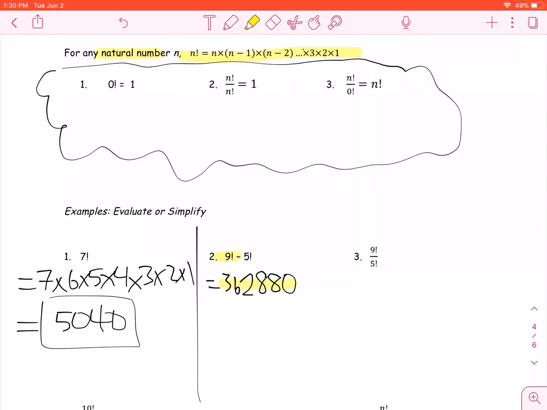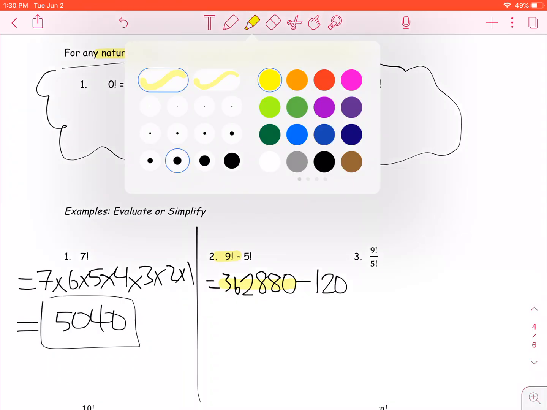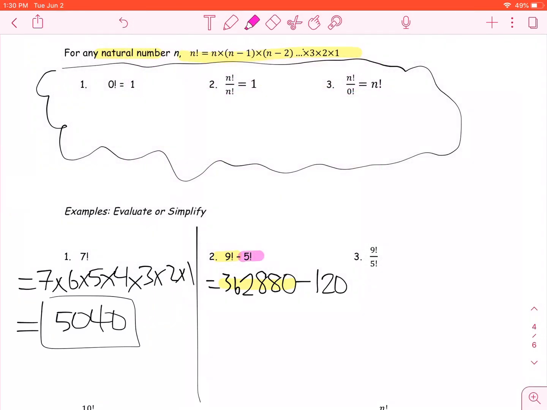Okay, and then we're going to subtract 5 factorial, where you should get 120. And then, as you know, when you subtract values, you just type in those two numbers and subtract them, and you should get 362,760. Okay.